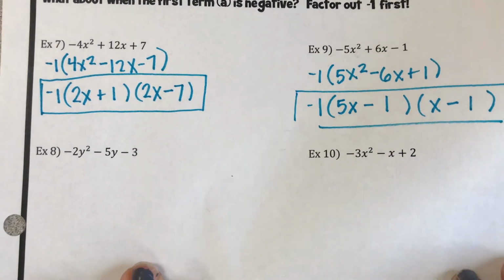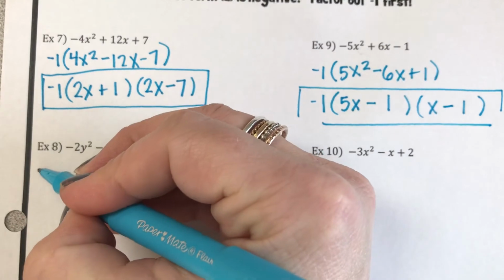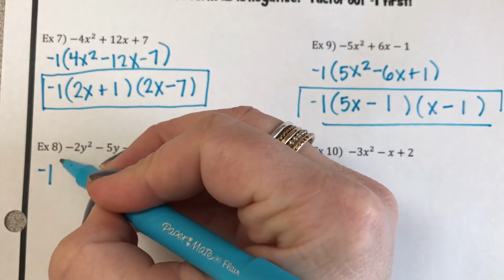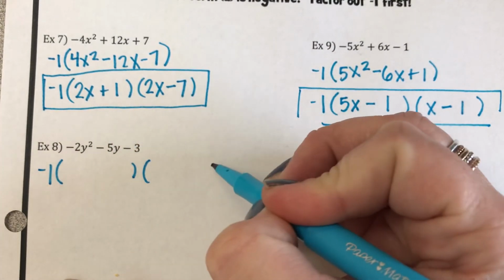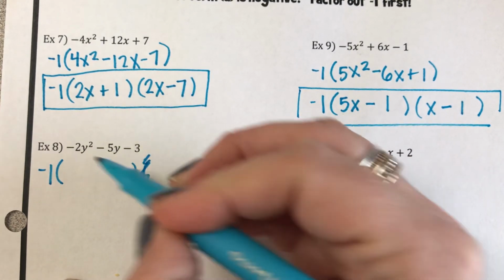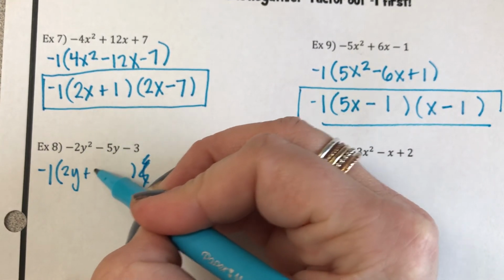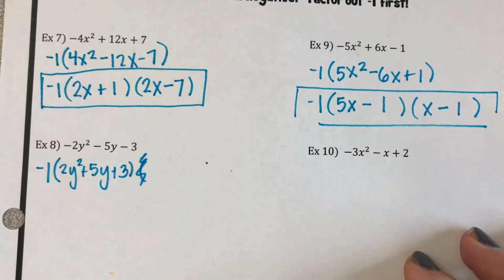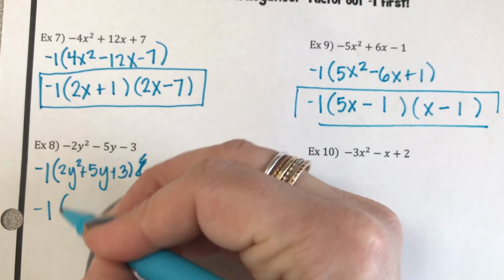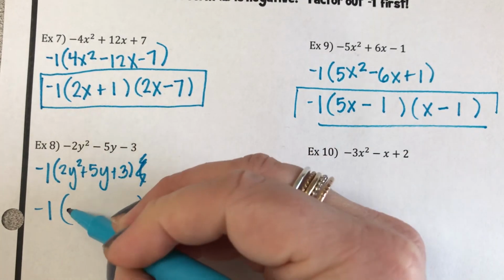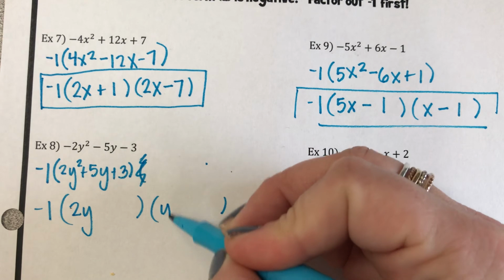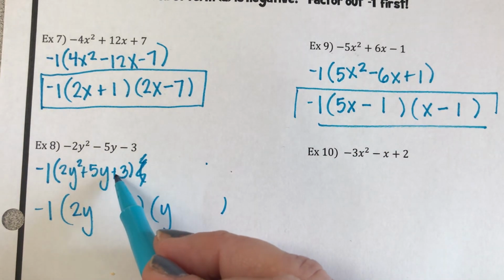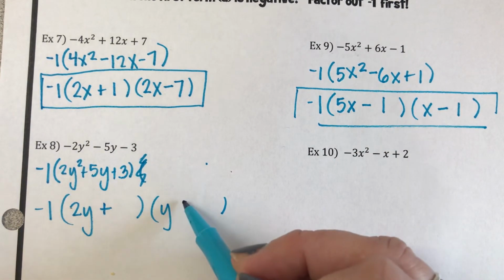Okay, so number 8, we're going to factor out the negative 1. And so I set up my parentheses. Oh, I should have just done 1 parentheses. So that's 2y squared plus 5y plus 3. I'm making all kinds of mistakes here. That's fun. So negative 1, set up my 2 parentheses to make 2y squared. I can only do 2y and y. This is a plus, which means 2 of the same, and it's 2 plus signs.